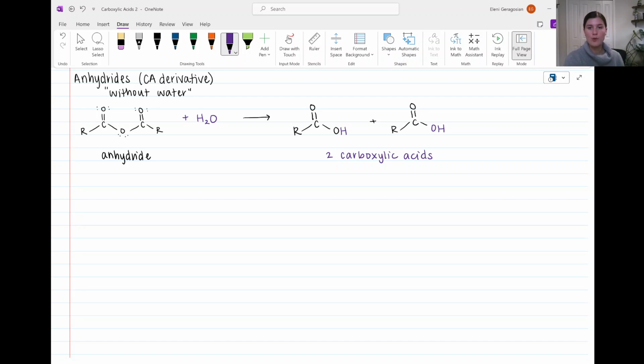So we'll talk about two ways to prepare anhydrides, and then in future videos we'll talk about reactivity of anhydrides. So one way to prepare an anhydride is to treat carboxylic acids with strong drying agents. So we're essentially doing the reverse of what we've shown here.